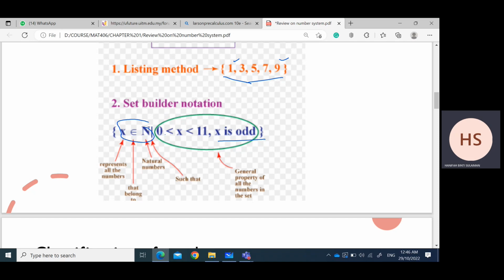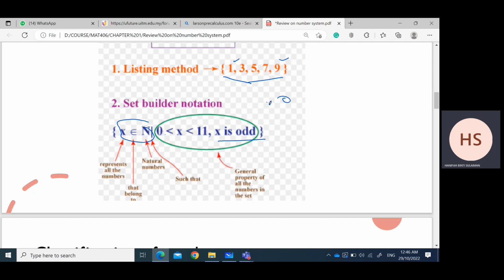Okay, and the numbers start from 0 to 11, and it gives us one more piece of extra information, which is X is odd. So X itu adalah ganjil. Based on this we can list the values of X.